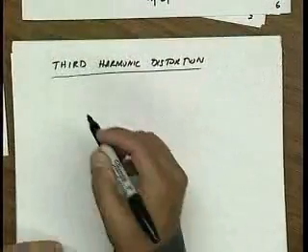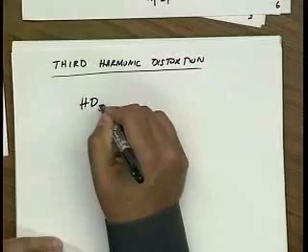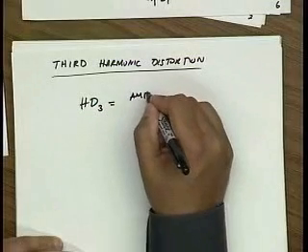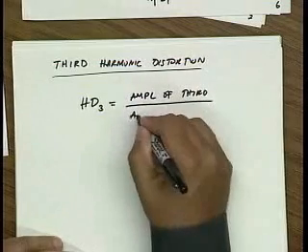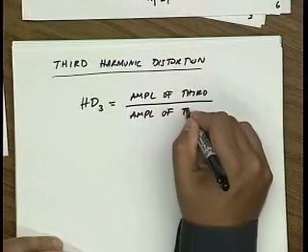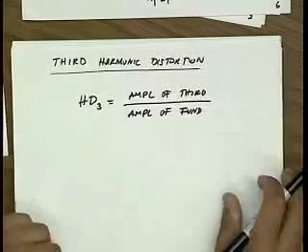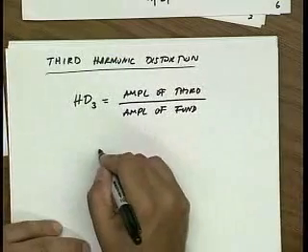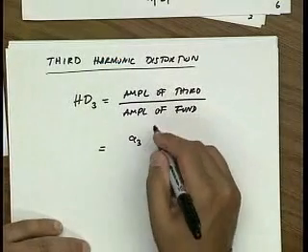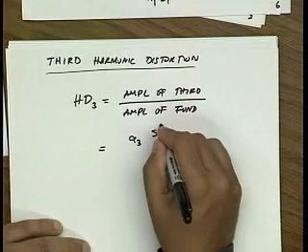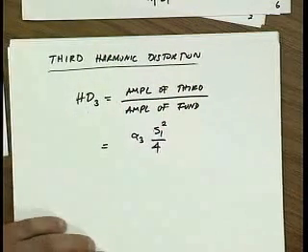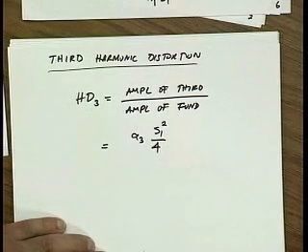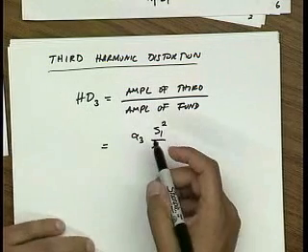So third harmonic, HD3, is again the amplitude of the third normalized by the amplitude of the fundamental. Okay? And last lecture we found, actually we just redid it at the beginning of the lecture, that the amplitude of the third is A3 S1 squared divided by 4.